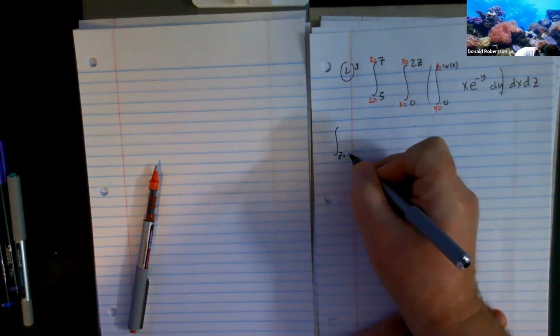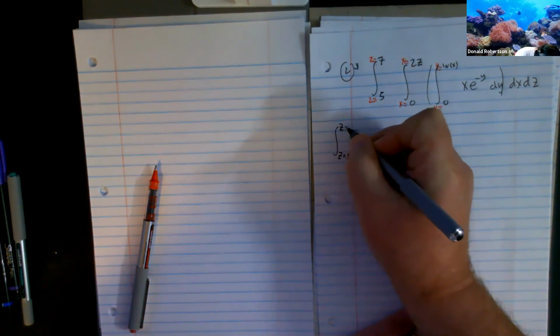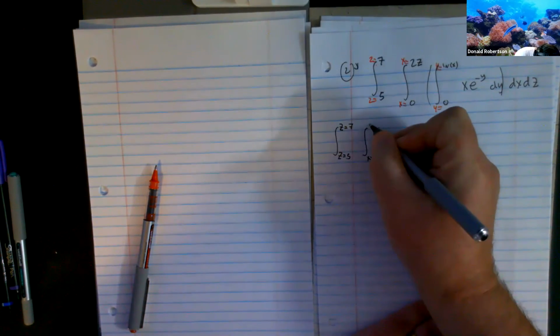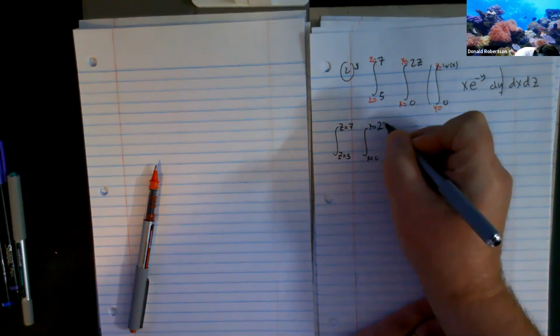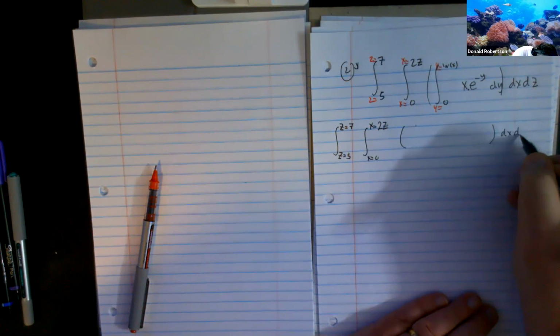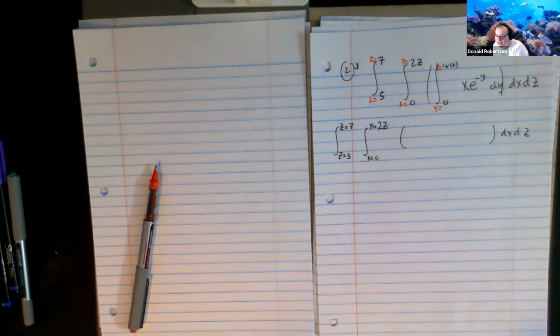So we have z equals 5 to z equals 7. Nothing I need to worry about there. Now, here it goes. If you integrate x e to the negative y with respect to y, what do you get?